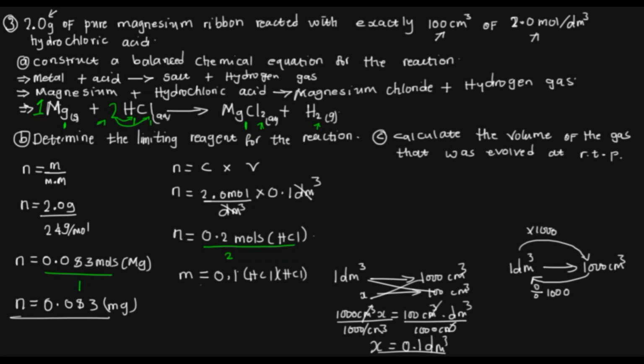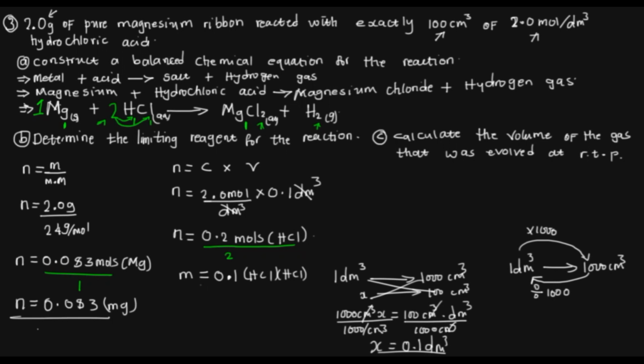So the limiting reactant will be the one with the smallest number of moles after you've divided each by its mole ratio. So you can see that 0.1 is greater than 0.08.